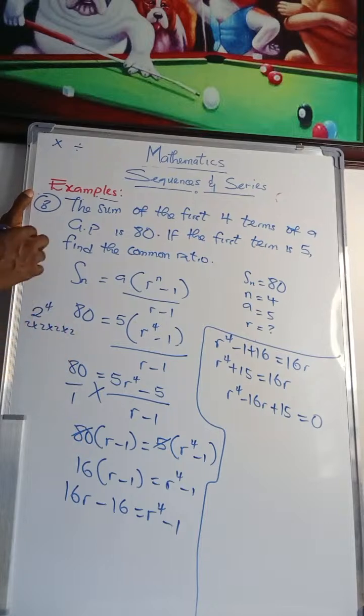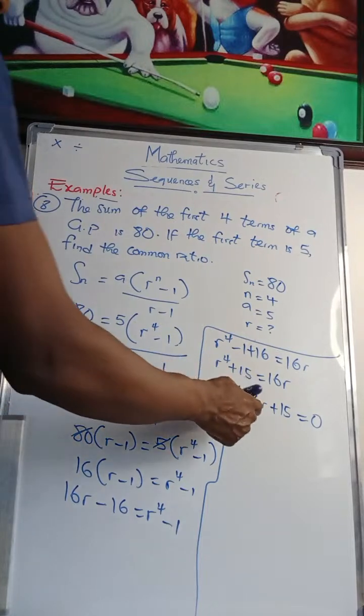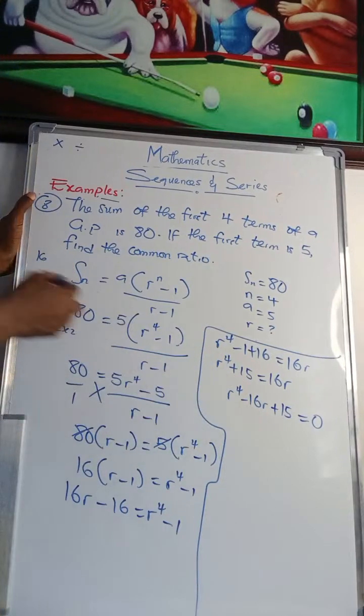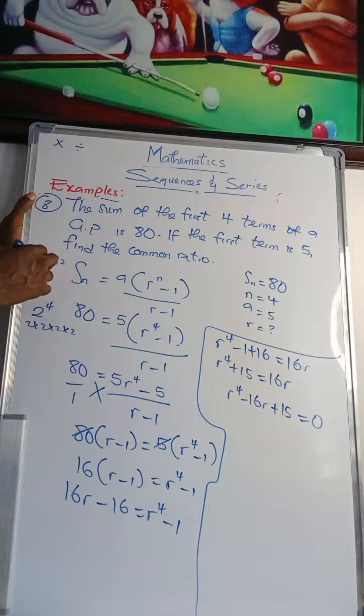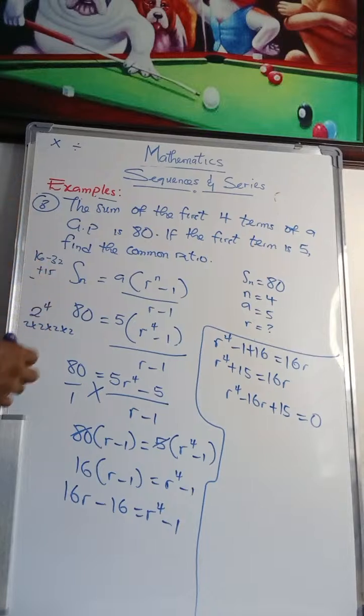So we have 16, and this one is 16 times r, where r is 2. 16 times 2 is 32. So you're having 16 minus 32 plus 15. That gives us minus 16 plus 15, which is not 0.